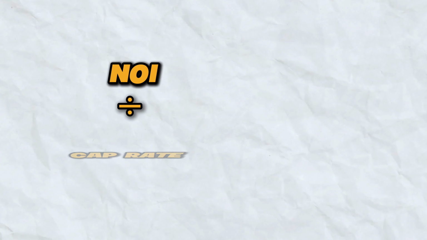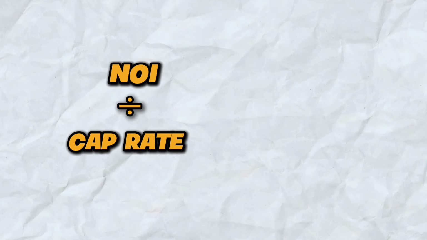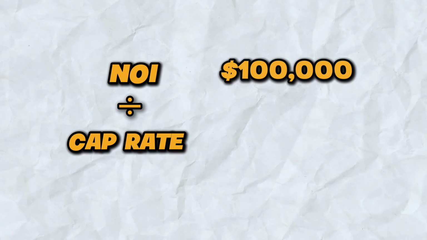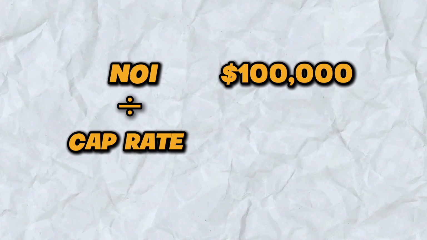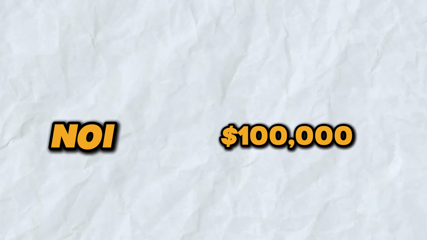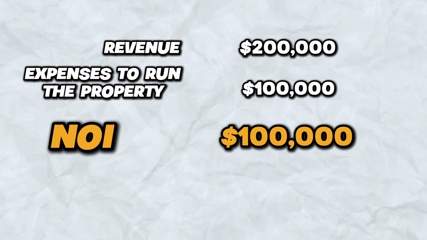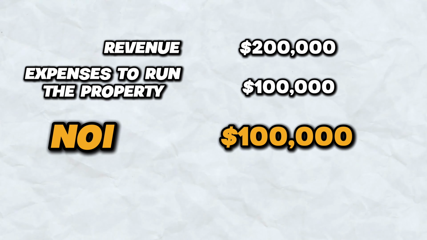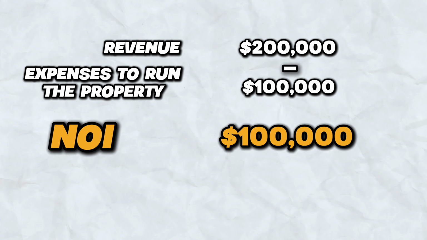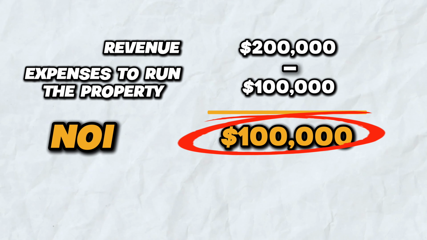Now this is the math. It's simply take the NOI and divide it by the cap rate. Okay, so let's say the NOI is 100,000, meaning that the property had some sort of revenue, let's call it 200,000, and then it had, let's say, $100,000 worth of expenses to run the property, so minus 100,000. Now you're left with 100,000.